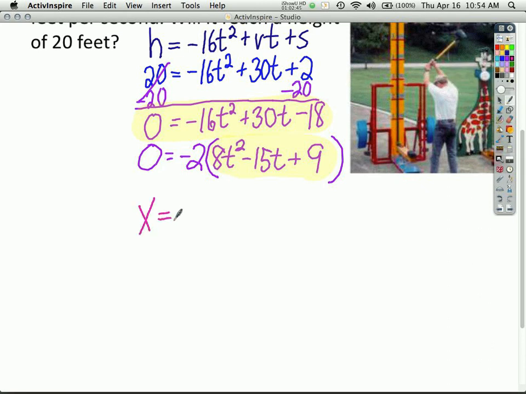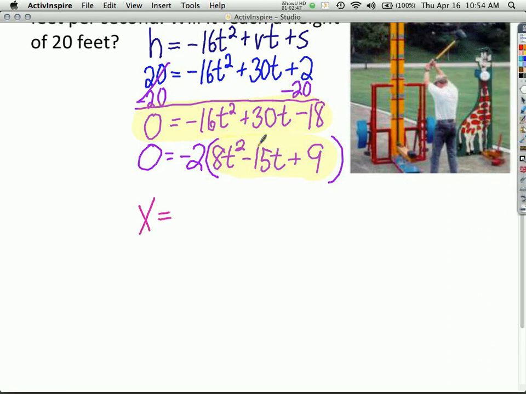X equals negative b, opposite of b, plus or minus the square root of b squared. You're supposed to know that off the top of your head. Who knows it? 15 squared. Oh, come on. Angela? 225. It is 225. Negative 15 squared, of course, would also be 225.